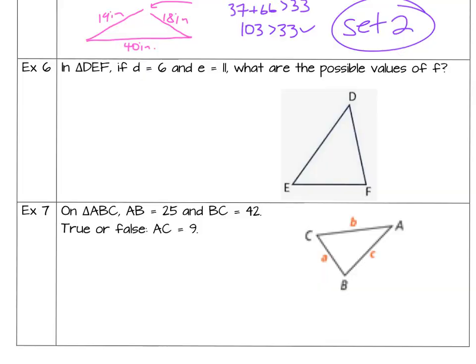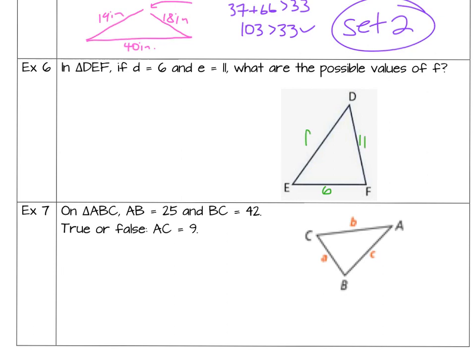Our next example: in triangle DEF, if d is 6 and e is 11, what are the possible values of f? So if d is 6, that means it's directly across capital D. I'm just going to put a little 6 down here. And lowercase e is 11, directly across big E on the right.